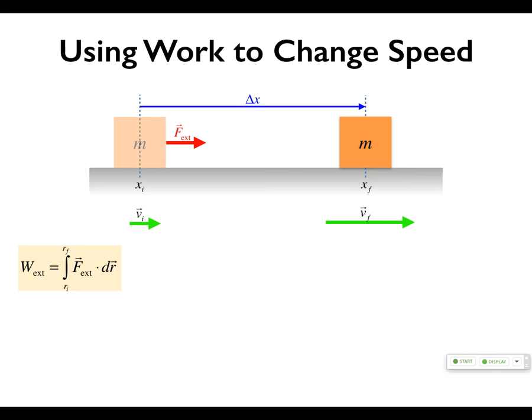Now we're going to do something a little bit crazy. We're going to use the chain rule. This has variables of x, so we can write this as m dv/dx dx/dt dx.